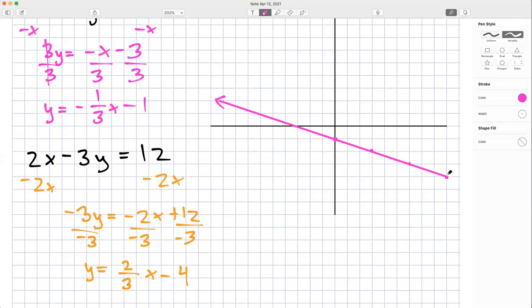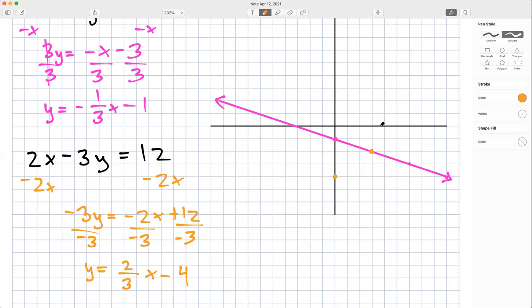Okay, that's that line. And then in orange, we're going to graph this one. So negative 4, negative 1, 2, 3, 4. So positive 2/3 is our slope right here. That's going to be up 2, right 3. So 1, 2, right 3. It looks like it intersects right there at a very clear 3, negative 2.